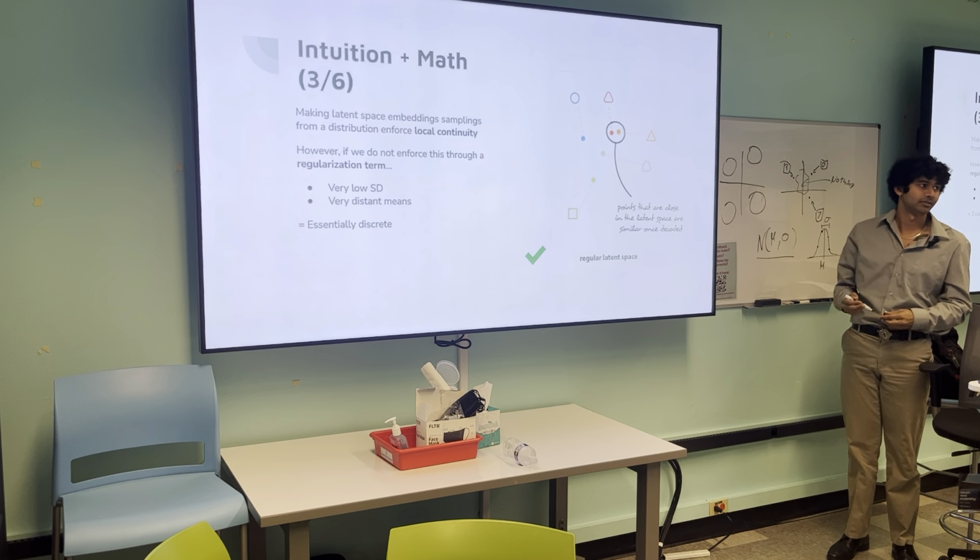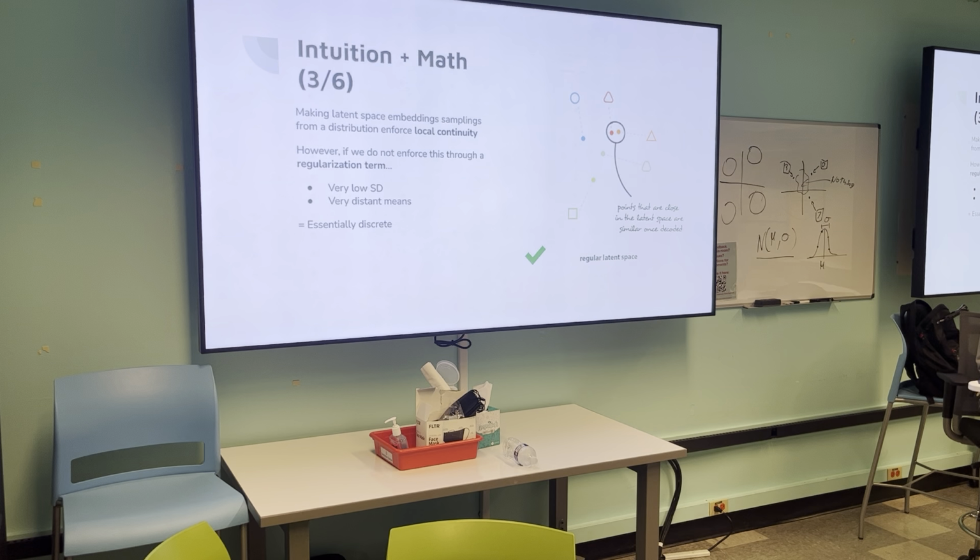There's no motivation for them to touch, so they won't. If you have very low standard deviations and very distant means, you essentially create discrete points again, and we were just trying to avoid that. We can solve both of these problems by modifying the loss function of a network.